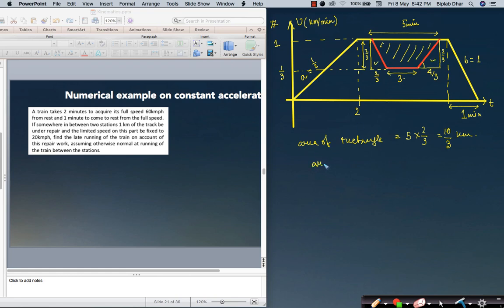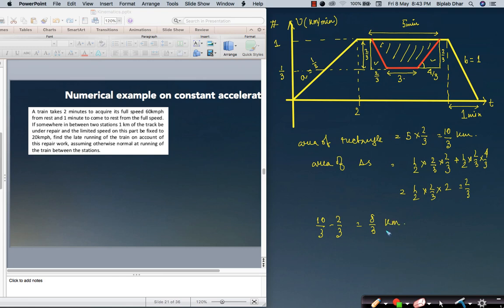The area of the triangles is half into 2/3 into 2/3 plus half into 2/3 into 4/3, so that is equal to half into 2/3 into 2, which is nothing but 2/3. So what is the shaded area that the train has to cover after covering this 1 kilometer? This area is 10 by 3 minus 2 by 3, so that is 8 by 3 kilometer.